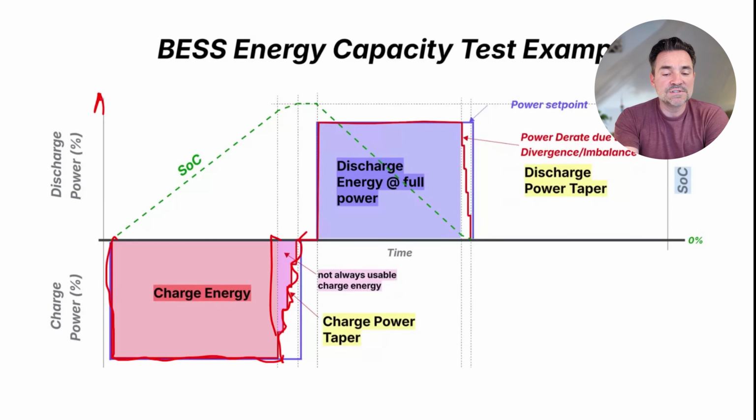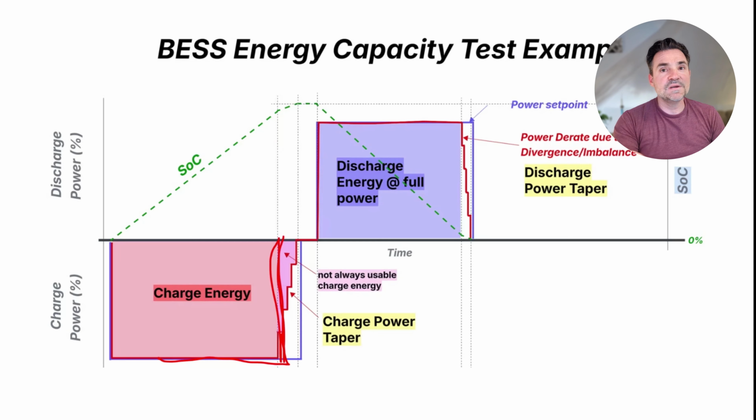And this energy here is often included in the capacity test. This you might not always be able to charge in normal operation, because in normal operation you might get to this point here and then stop.